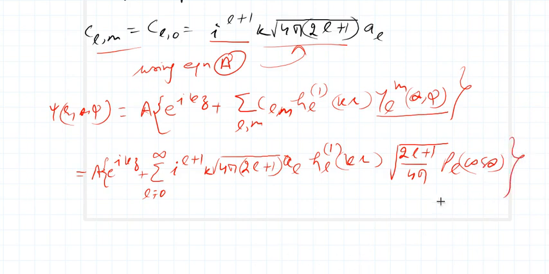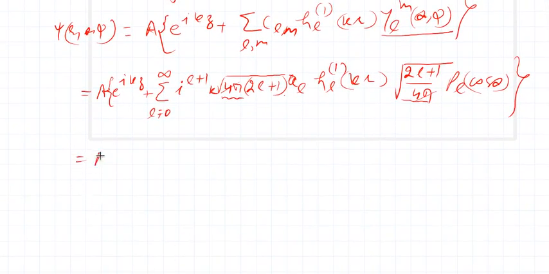Now this square root of 2L plus 1 is also a square root of 2L plus 1, so when they get multiplied, it will become 2L plus 1. And this 4 pi will cancel out, because both are under the root and one is sitting in the numerator and the other in the denominator. And this k is independent of L, so k can be taken outside the summation.